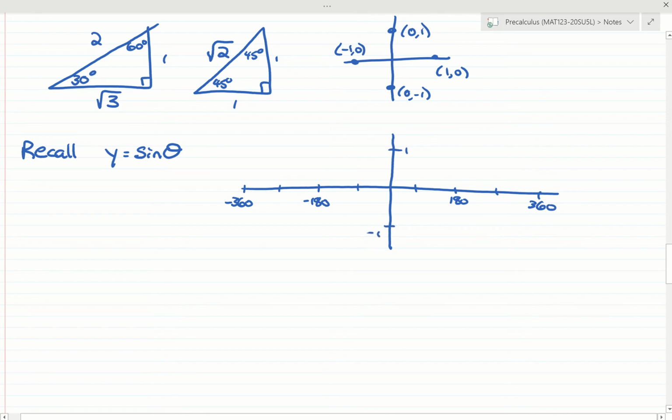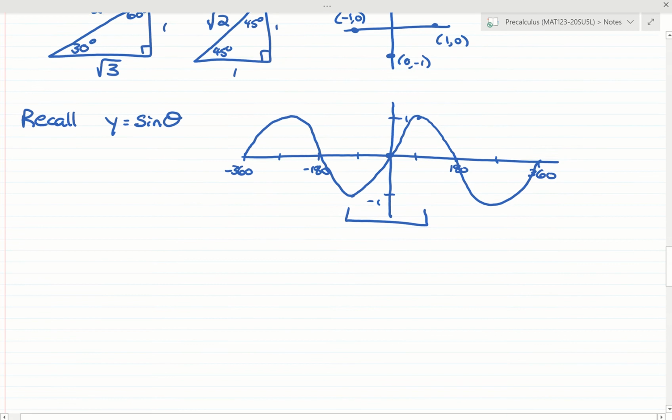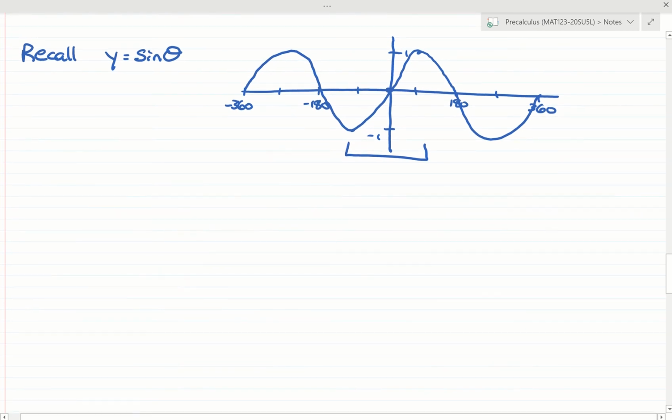And the difference between sine and cosine is, in the beginning, sine looks like an S. So the graph looks something like this. You could see right here, this looks like an S. Cosine at 0 would be 1, so it's shifted a little bit. That's what the graph of sine of theta looks like.